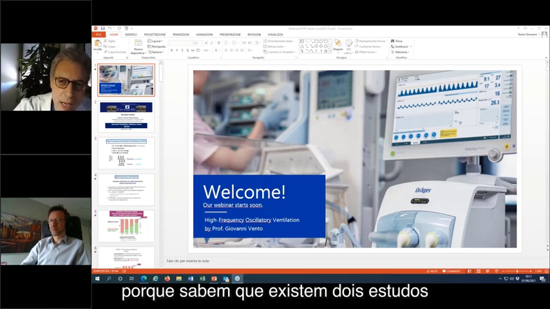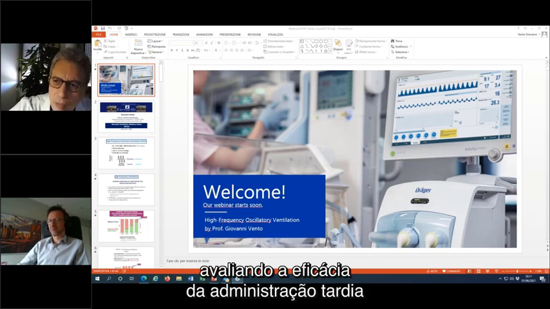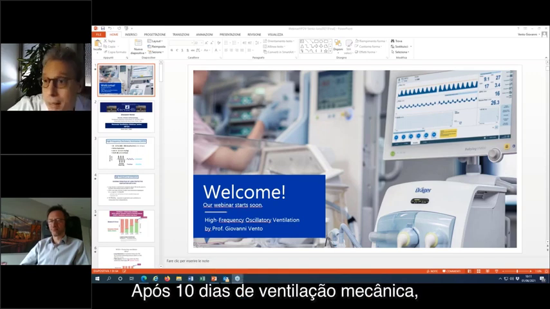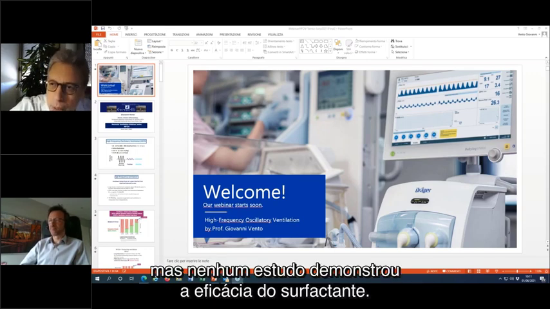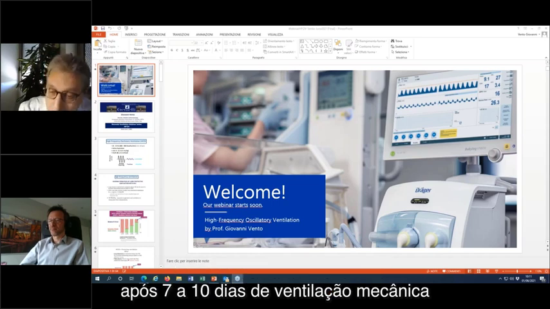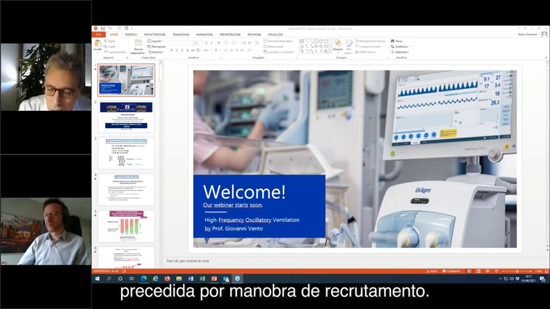You know that there are two studies evaluating the efficacy of late surfactant administration in babies with evolving BPD after 10 days of mechanical ventilation, but no studies demonstrated an efficacy of surfactant. We try to evaluate the efficacy of late surfactant after 7-10 days of mechanical ventilation, preceded by a recruitment maneuver.